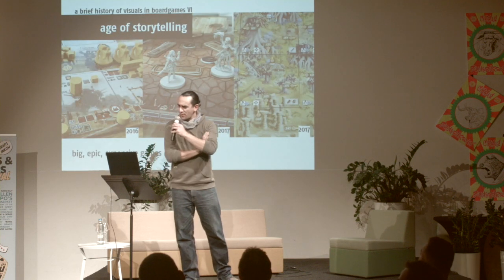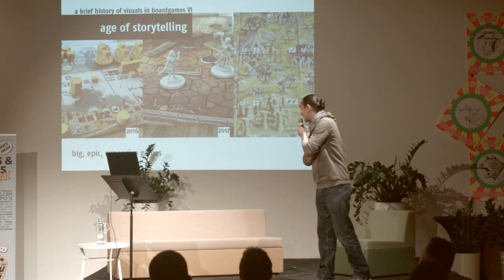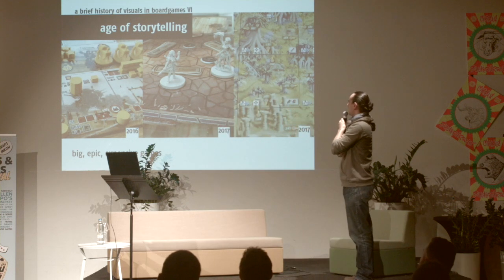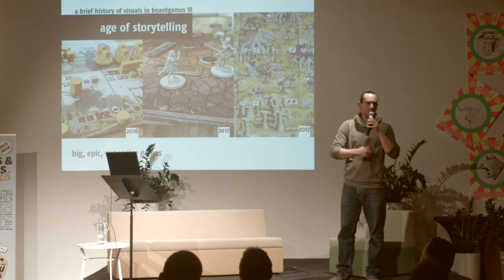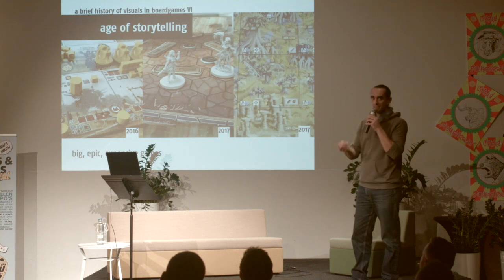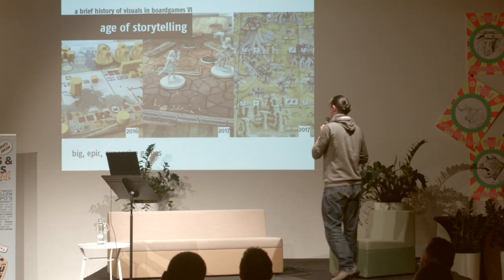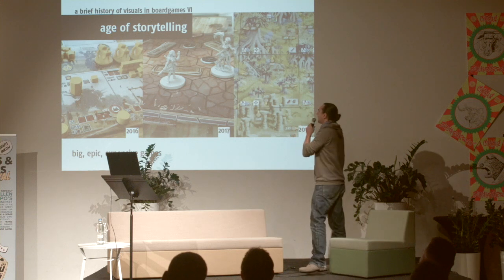Right now I think I called it Age of Storytelling. That's where we are now, I think, I hope. We now have a tool set. We have a tool set of visuals, we have a tool set of mechanisms, of things that work, of things that, well, do not work that well.